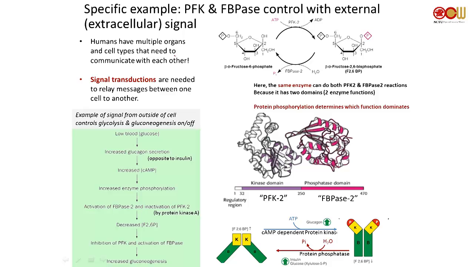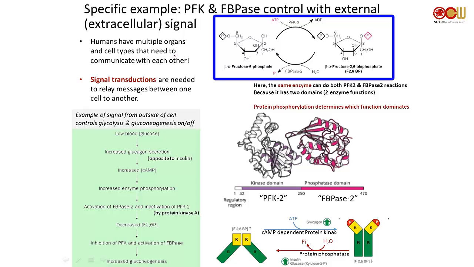Let's first talk about how you make it. You make it from fructose 6-phosphate, F6P, and then you have an enzyme called PFK2, which is pretty much the same type of enzyme as phosphofructokinase, but it's specific to activate C2 instead of just the normal F16BP.